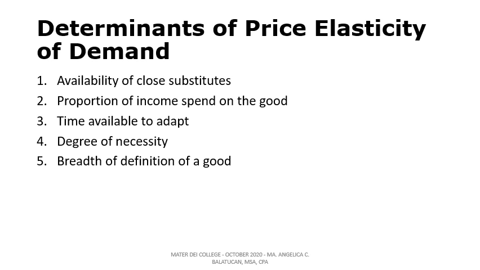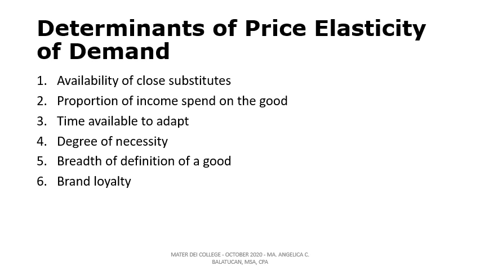Next, we have the breadth of definition of a good. The broader the definition of a good, the lower the elasticity. For example, potato chips have a relatively high elasticity of demand because many substitutes are available. But food in general would have an extremely low price elasticity of demand because no substitutes exist.